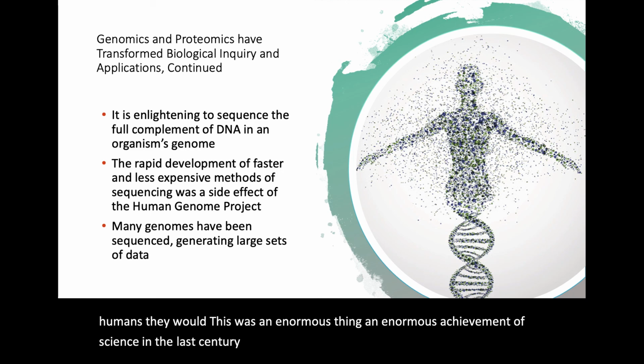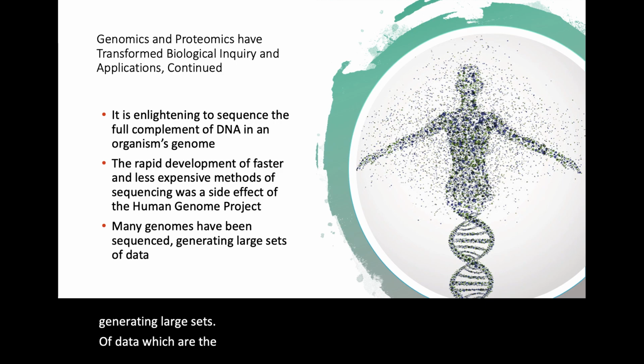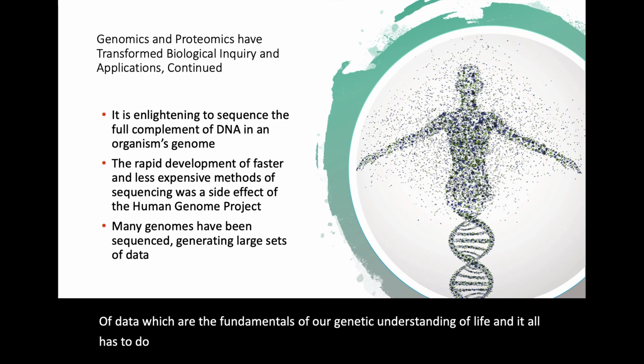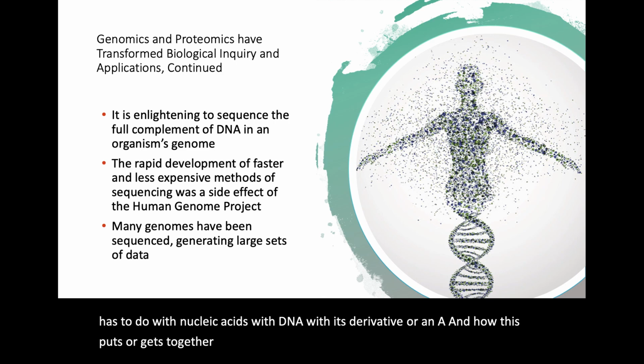Many genomes have been sequenced, generating large sets of data, which are the fundamentals of our genetic understanding of life. And it all has to do with nucleic acids, with DNA, with its derivative RNA, and how this gets together to form the proteins that allow the functioning of living things.